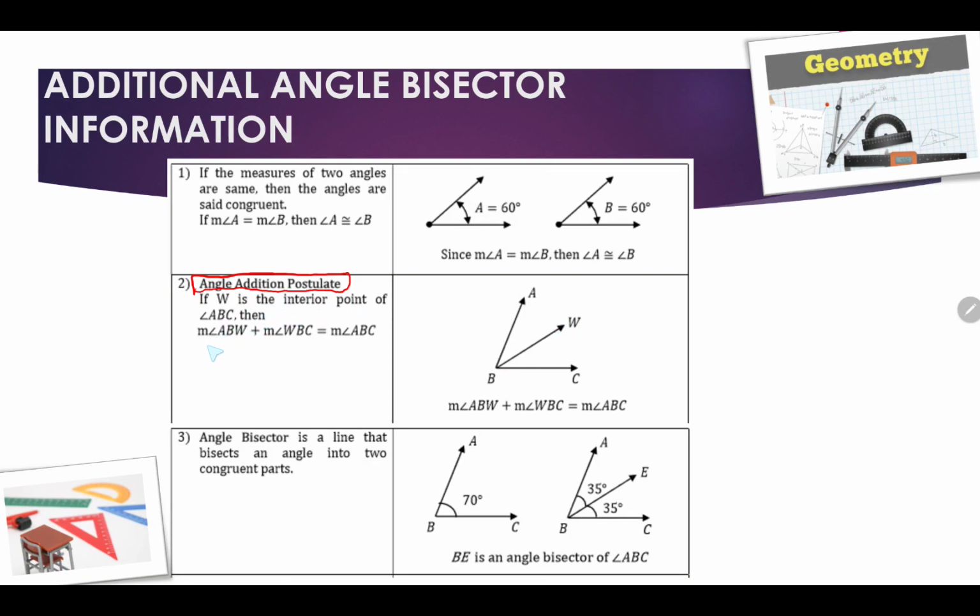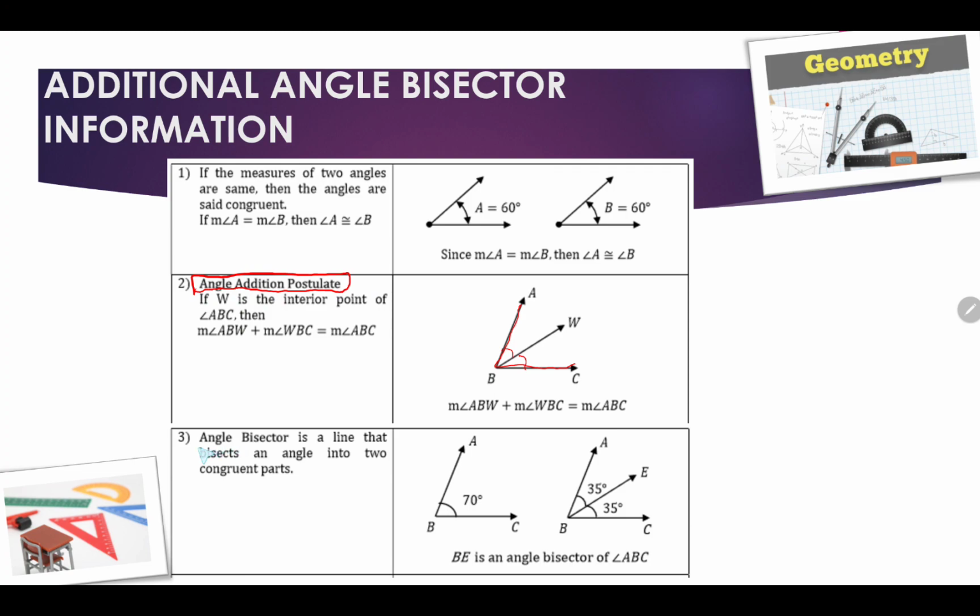Then the measurement of angle ABW, yang ni, plus the measurement of WBC, which is located here, equals the measurement of total kat sini lah, ABC. Okay, itu adalah definition untuk angle addition postulate.